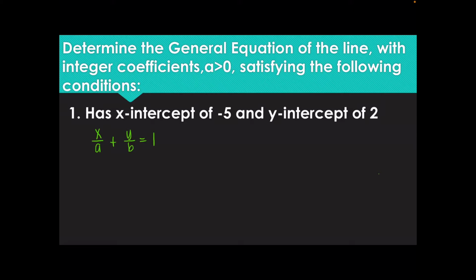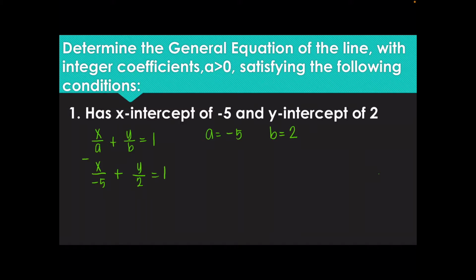So it says here the x-intercept is -5. So our a is -5 and the y-intercept, which is b, is 2. Okay, so we will just substitute it. So x over -5 plus y over 2 is equal to 1.